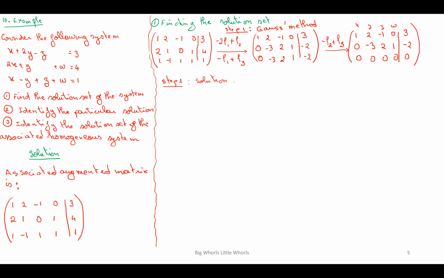Solution set type: we have arrived at echelon form, we have no contradictory equation or row, and two variables are not leading any row.